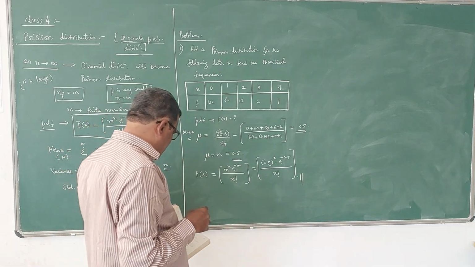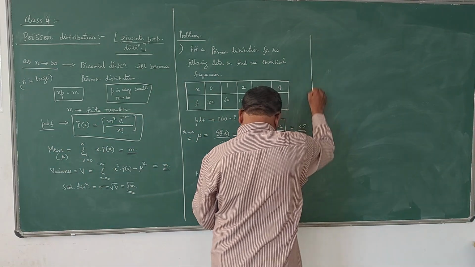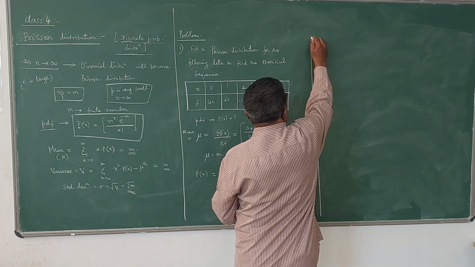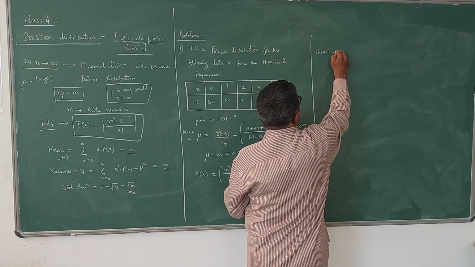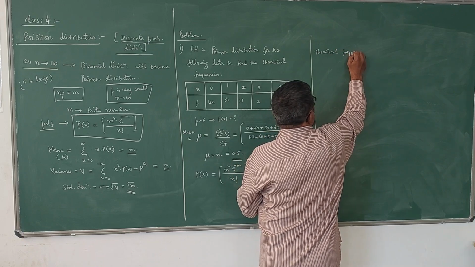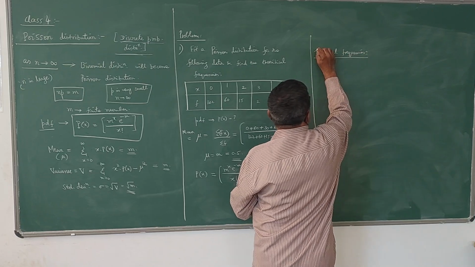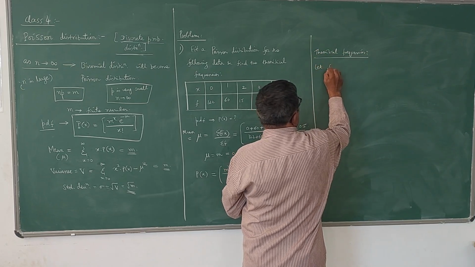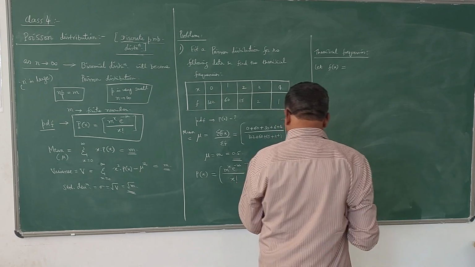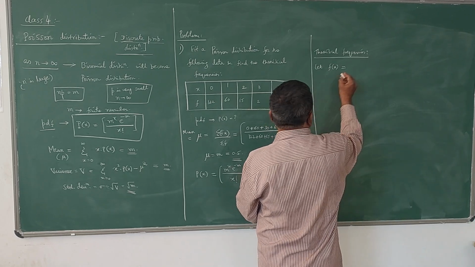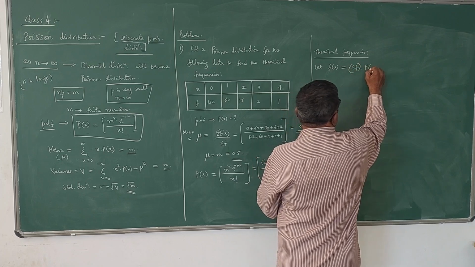Now once you get this, we have to find out the theoretical frequencies. To find the theoretical frequencies, let us assume f of x is equal to the sigma f into P of x.